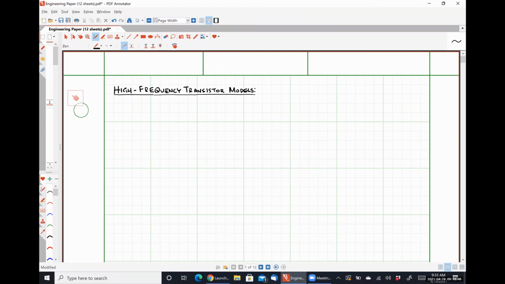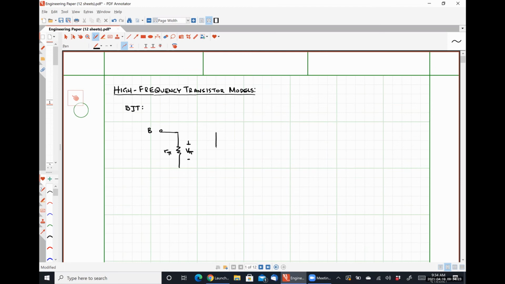And I'm going to start by drawing it, and then we're going to talk about where all this different stuff comes from. So our high frequency, small signal BJT model is going to look something like this. We have our regular R pi and V pi between our base and our emitter.